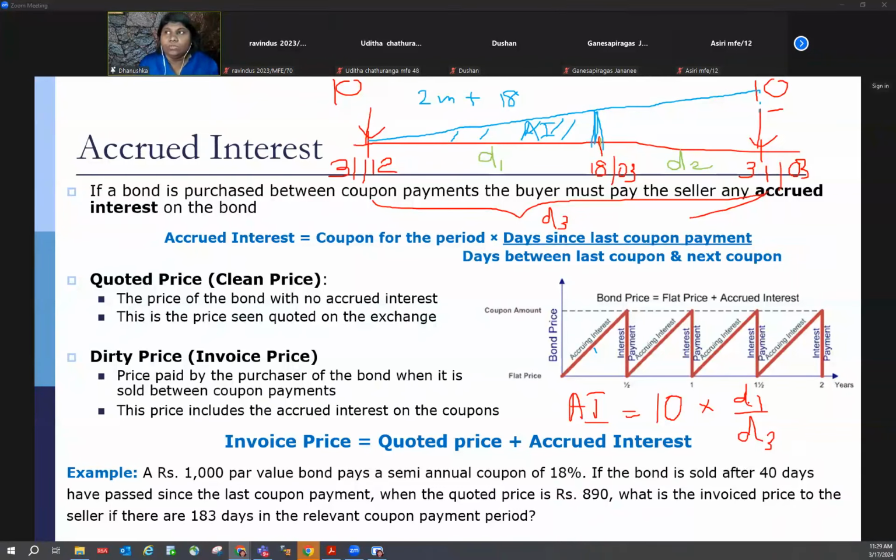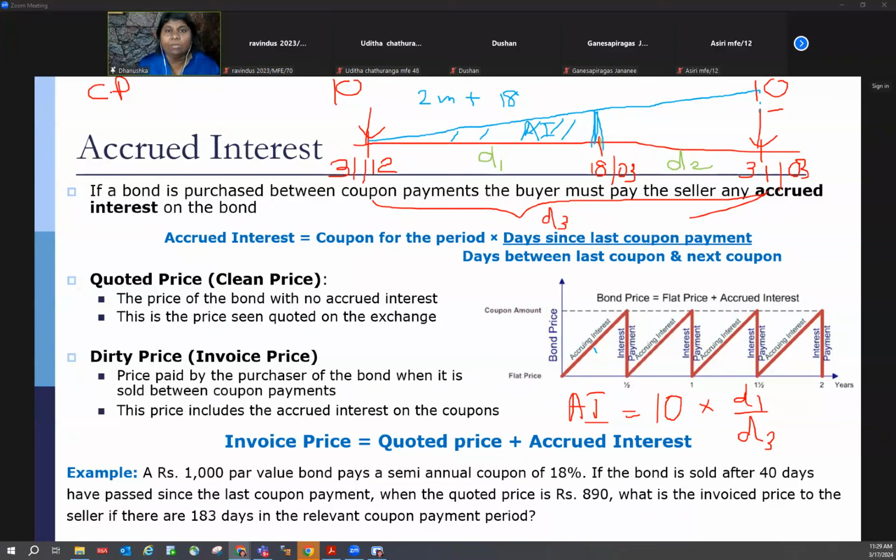Okay. So in the market, there is also this concept called clean price, dirty price, and accrued interest. What is the difference? Clean price is the price that is quoted in the market without accrued interest. When somebody quotes you a price for a treasury bond or for a debenture, they are quoting it on a clean basis.